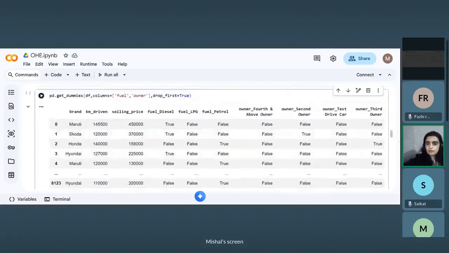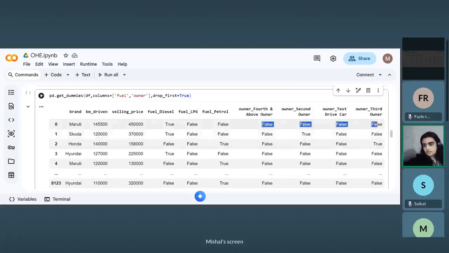By the way, you guys must have got the idea. Now we don't have CNG, and if there is any sample where all of these 3 are false, it means that was the CNG one. Same goes for this one. Here we are having 4th and above, second owner, test drive car, third owner. We have dropped the first owner information.